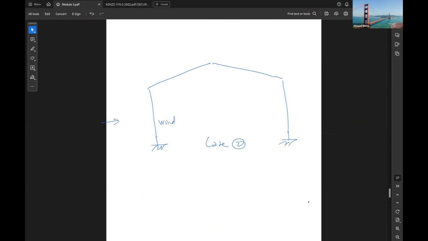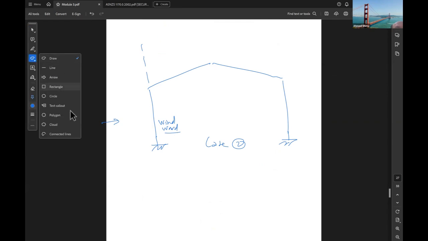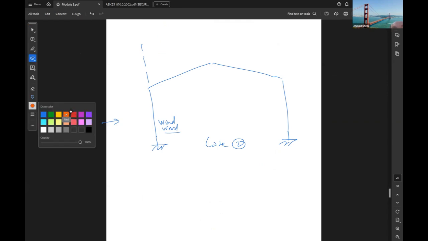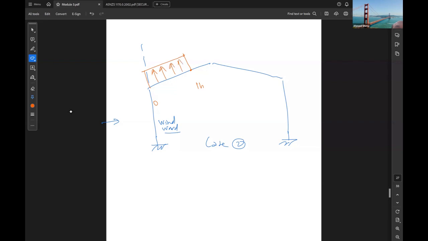This is our windward wall, and this is our dimensioning. We have from 0 to 1h the same value, which is negative 0.4. So we have negative 0.4. The other zone is from 1h to 2h.